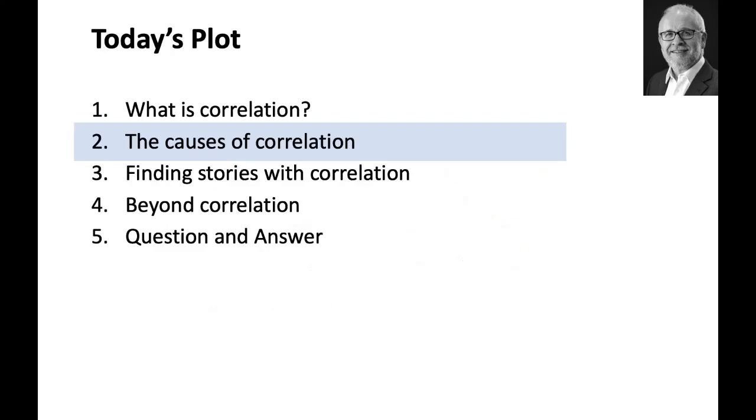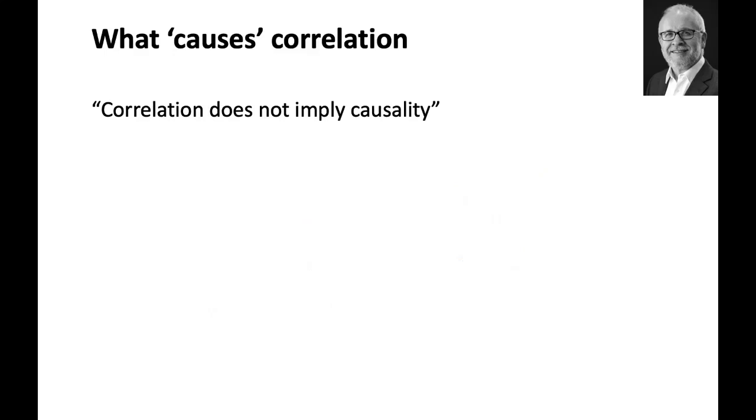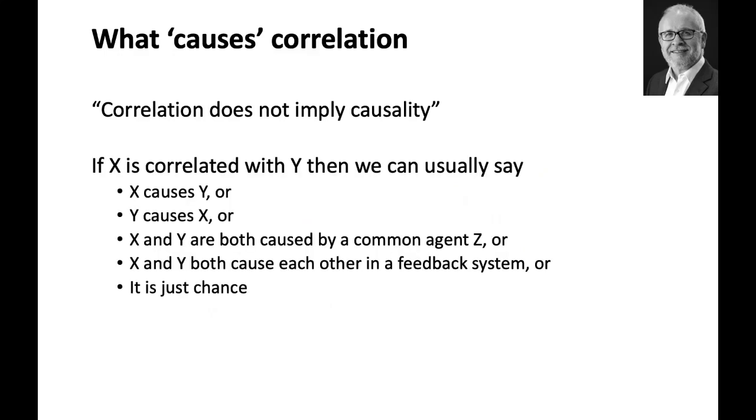But what causes correlation? Well, perhaps the most famous thing about correlation is this statement: correlation does not imply causality. Just because X is correlated with Y, it doesn't mean that X causes Y. So if X is correlated with Y, then usually we can say one of the following.